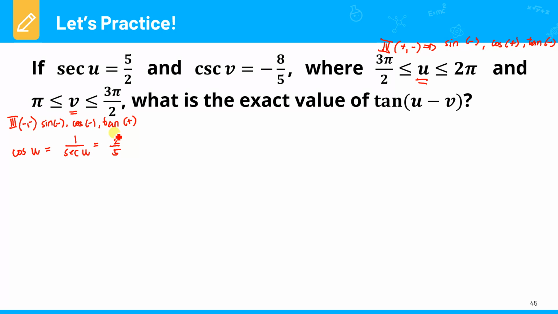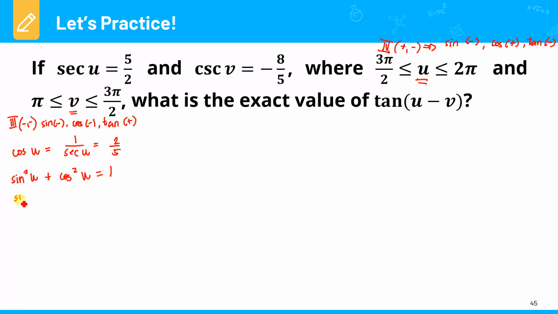If that would be the case, then we can now determine the sine. So you have sine squared u plus cosine squared u is equal to 1.